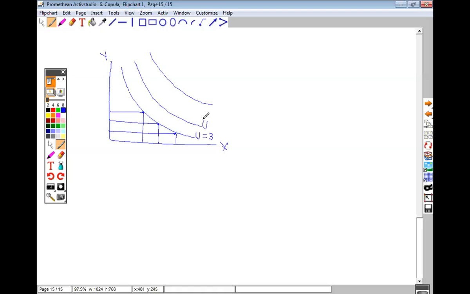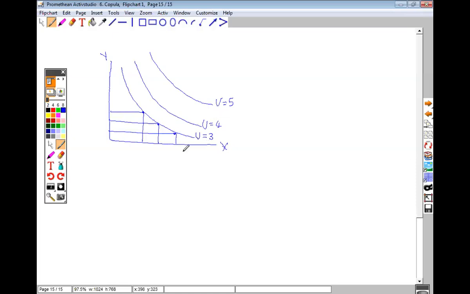And the same can be said for this. As I increase the value of x and the value of y, I'm assuming that the consumer gains more utility by consuming more of a particular good. So as you go towards the right in the north direction, you get higher and higher utilities.